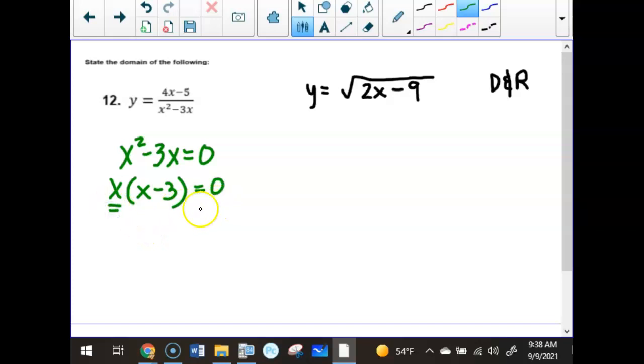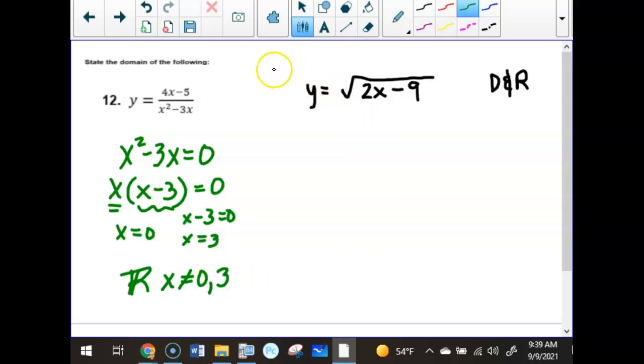If we set that equal to 0, we'd just have x equals 0. If we set that one equal to 0, we'd get what? So it's all real numbers except x cannot equal 0 or 3, and I'm just going to leave it at that. Okay, there's a question like this on the quiz.